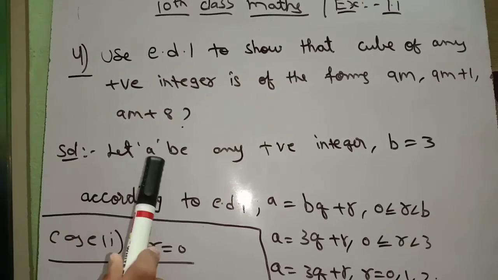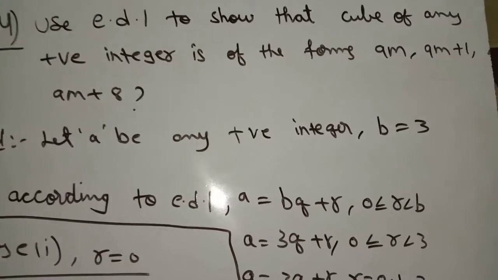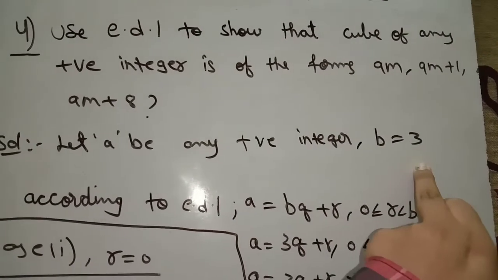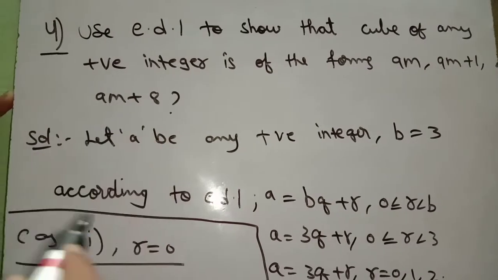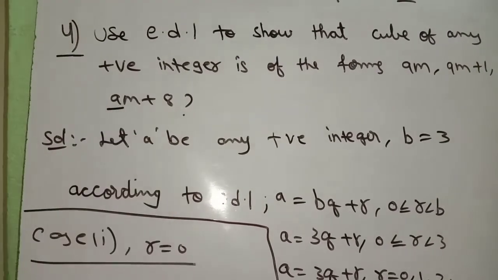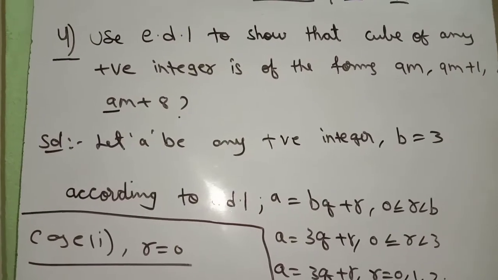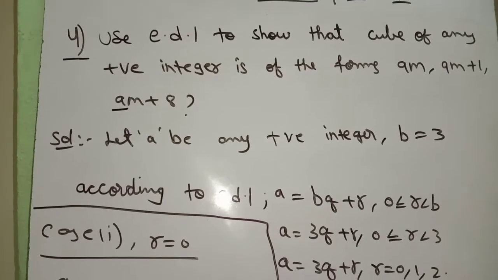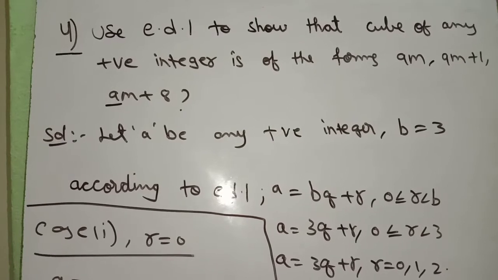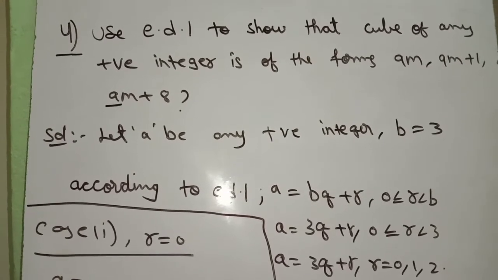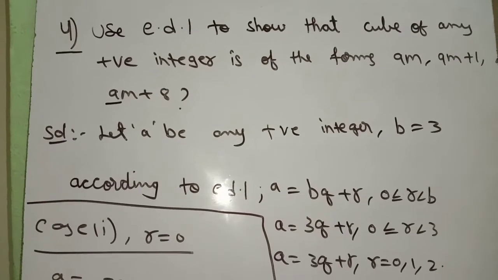Let a be any positive integer, and b equal to 3. I have written b as 3 because here they have given 9, but using 9 as b can consume more time and leads to 9 cases. The number which is divisible by 9 is definitely divisible by 3, right?